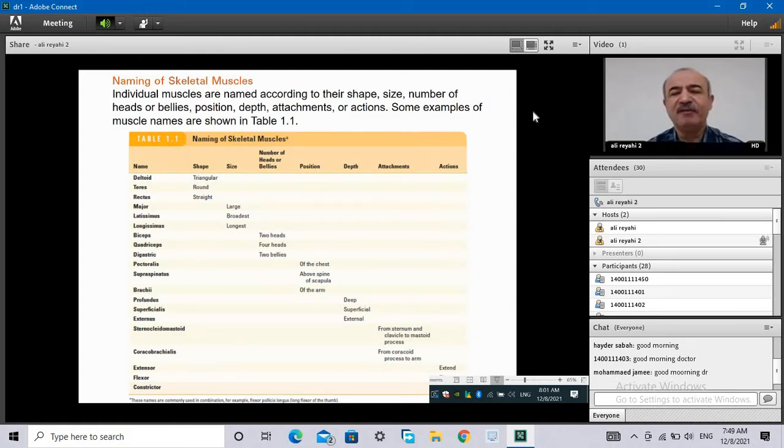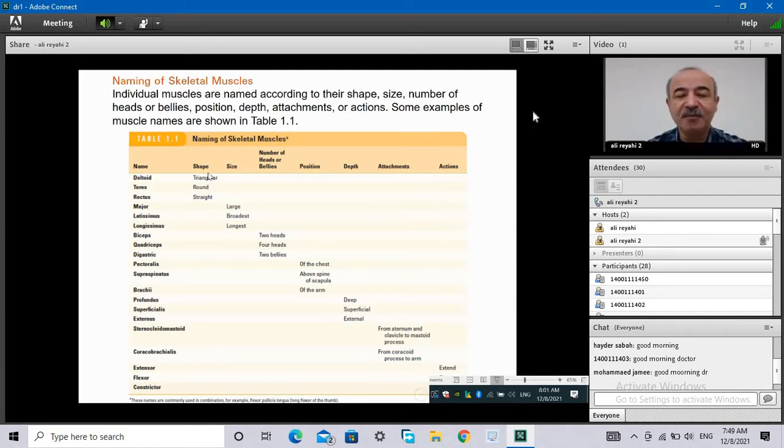The position of the muscle, the function of the muscle, the attachment site of the muscle, and other factors. For example, shape, size, number of heads or bellies, position, depth, attachment, and action. All of these are factors for naming of the skeletal muscle.